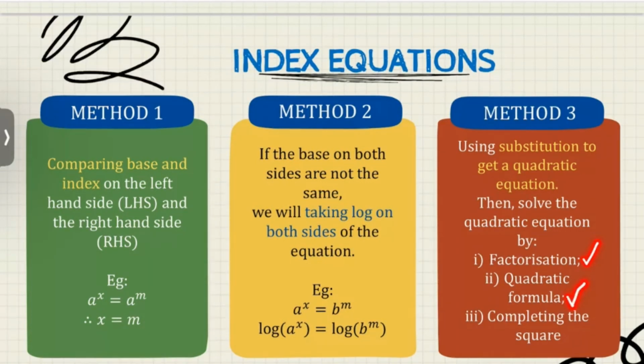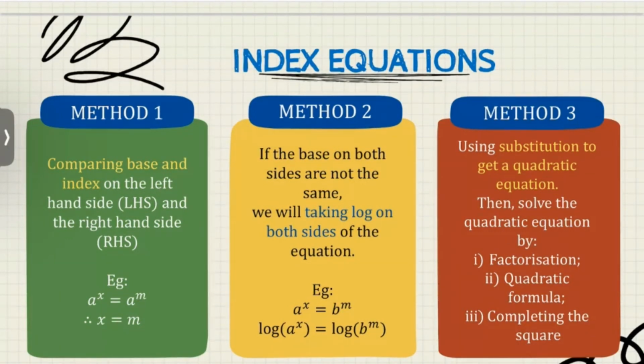Quadratic formula kalau melibatkan the answer ataupun the roots are decimals, baru kita gunakan quadratic formula. And ataupun kita boleh gunakan completing the square. Tapi jaranglah kita gunakan completing the square. It's either these two je sebenarnya, melainkan soalan minta completing the square. Okay, so ini adalah 3 methods yang kita akan gunakan untuk solve quadratic, index equation.